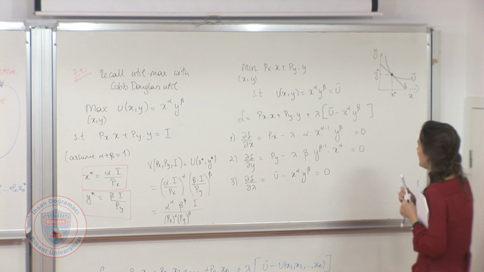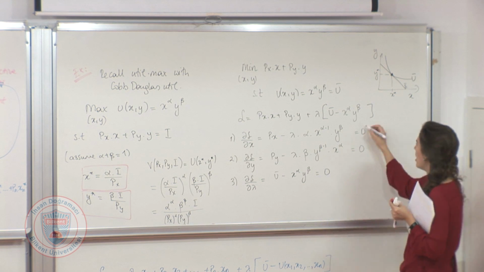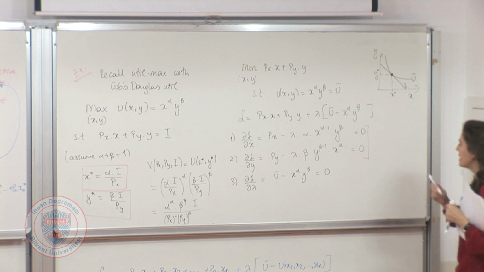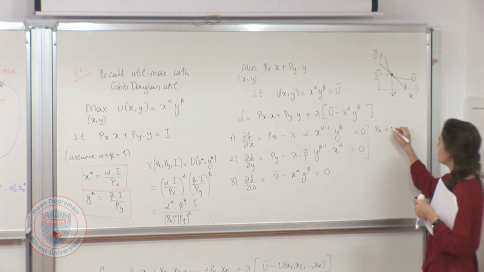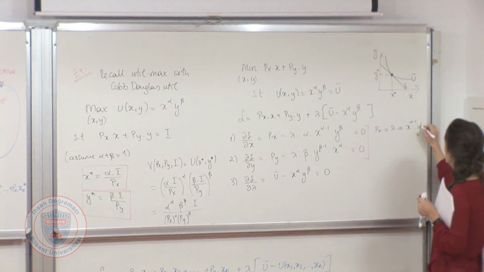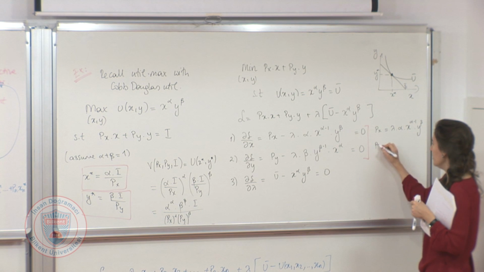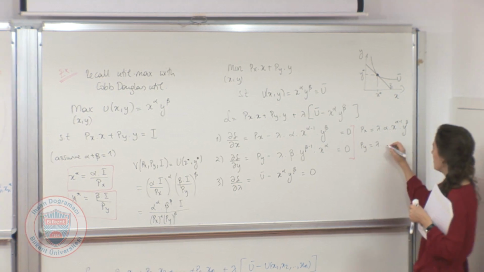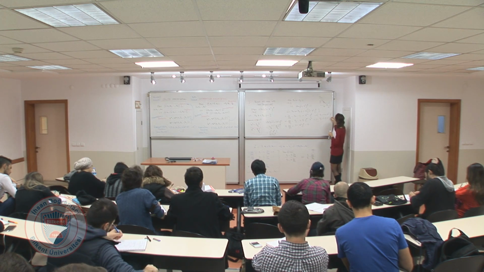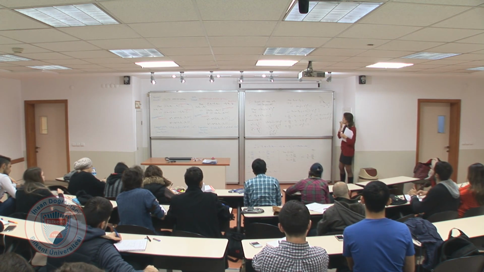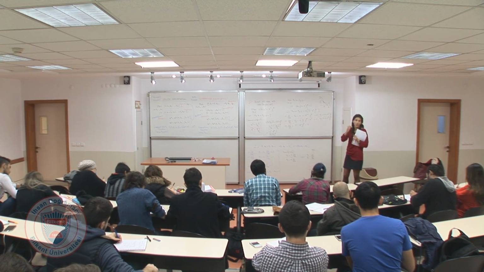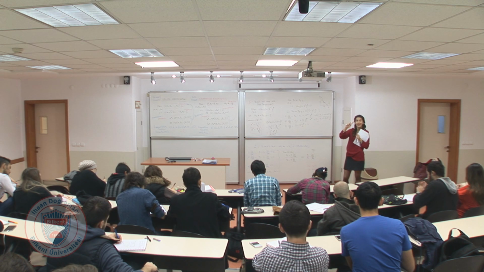Now, from here, we do our usual stuff. I get px equals lambda times alpha x to the power alpha minus 1, y to the power beta, and py equals lambda times beta x to the power alpha, y to the power beta minus 1. I take the ratio of these, equating lambdas.